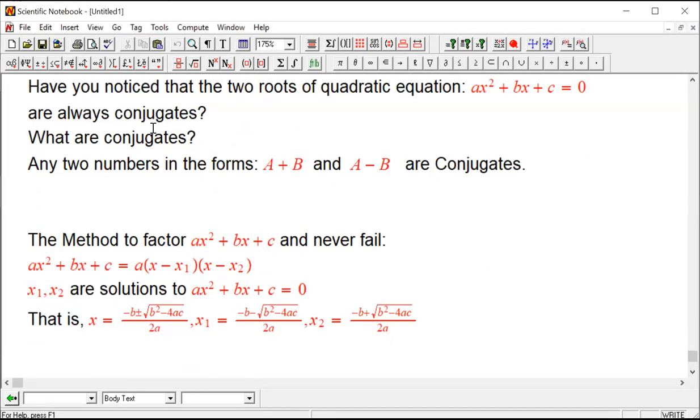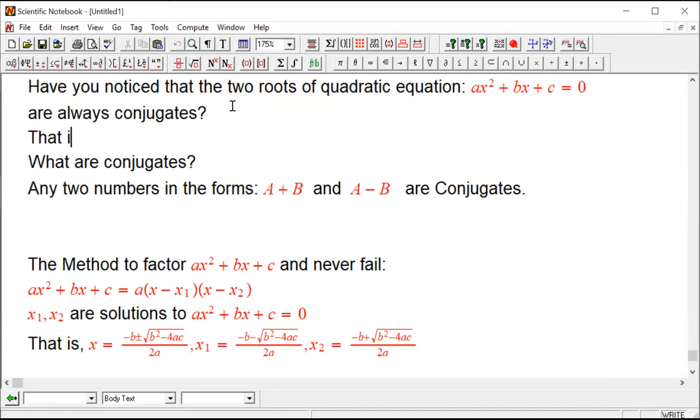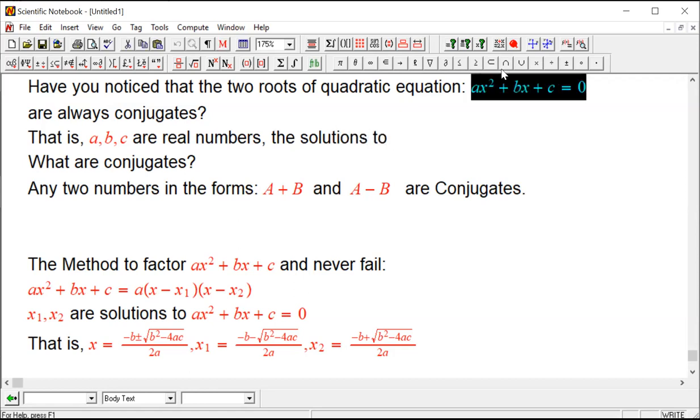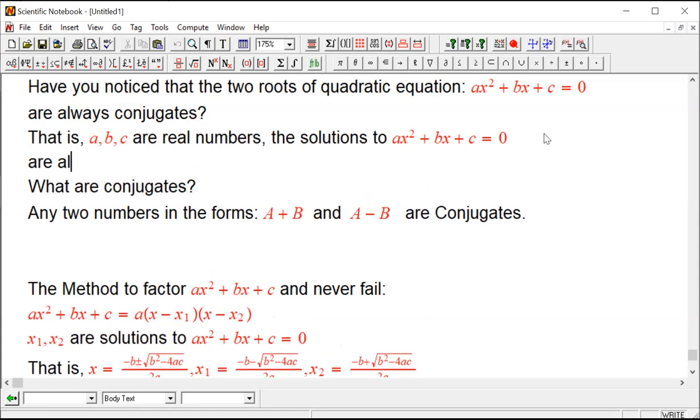Well, when we have a polynomial, say in the trinomial case like this, where the coefficients A, B, C are real numbers, the solutions to that quadratic equation are always conjugates.